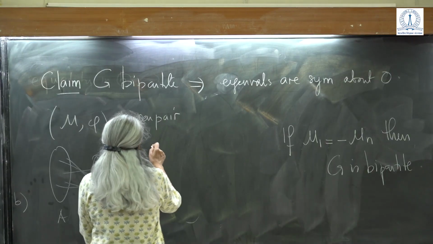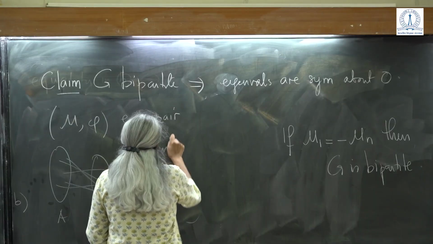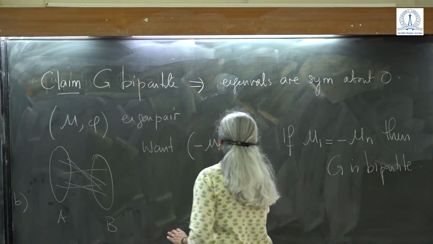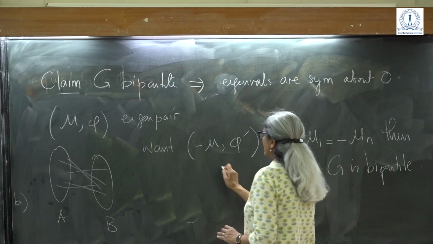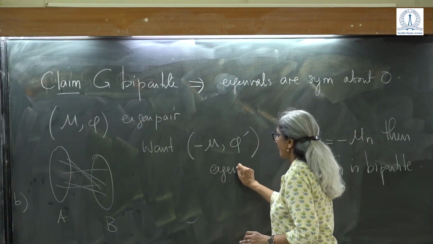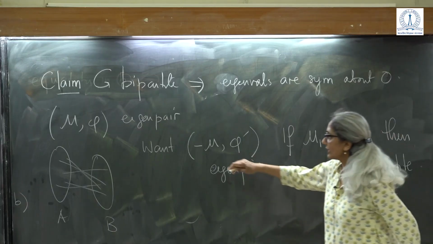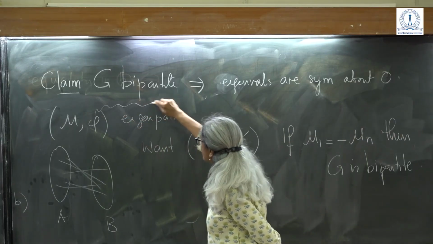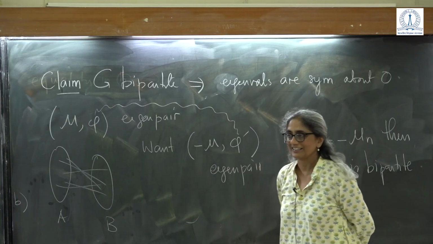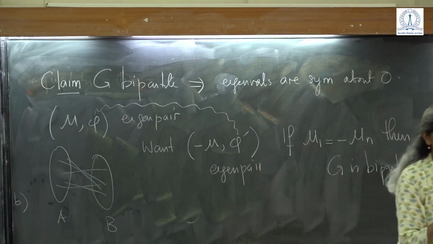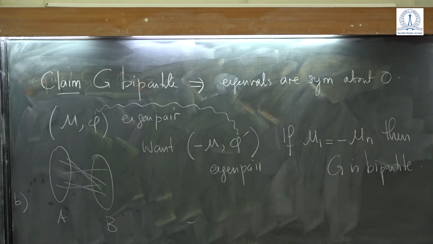I want minus mu and something, let's call it phi prime, to also be an eigenpair. This is what we want. Do you agree? The only question is, can we massage this one into this one? It's not the same. It's not the negative, because eigenspaces are subspaces. If v is in there, minus v is in there.